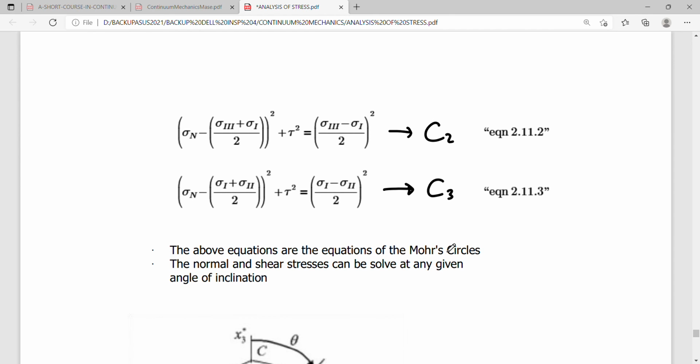So the above equations are simple equations of the Mohr circle, and the normal and shear stresses can be solved simply at any given inclination you want.